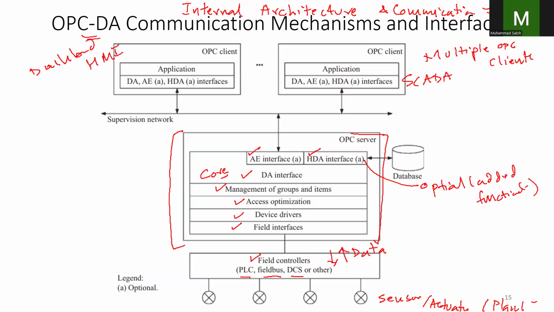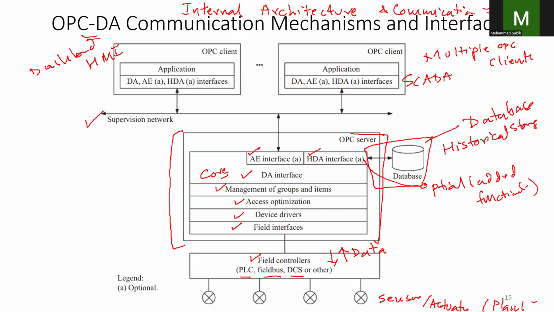These clients are connected over a supervision network, request the data, and interact with the exposed interfaces. There is also a link to a database, which allows us to store the historical data, historical storage.